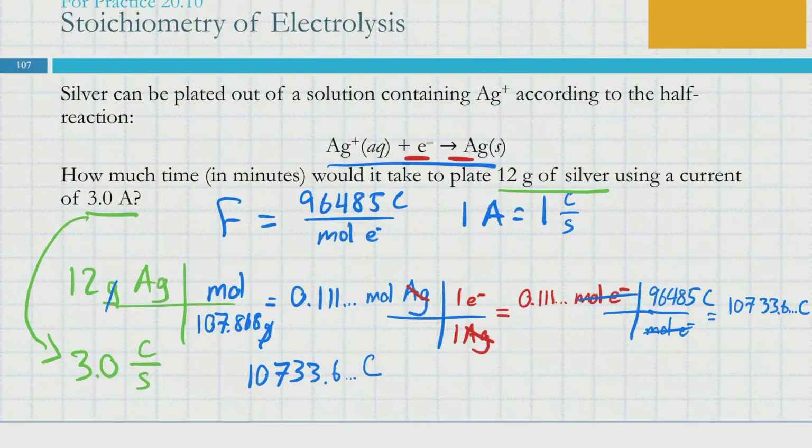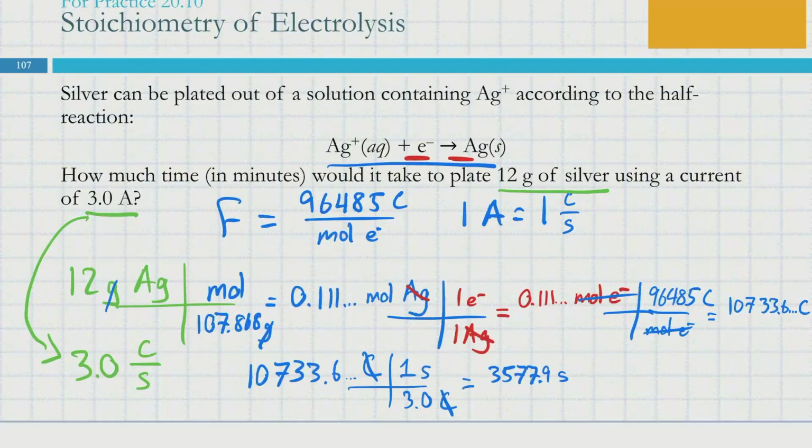And the way that we would do that, since seconds is on the bottom in amps, we need to divide by amps to get the seconds to flip to the top. So 3 coulombs every 1 second, dividing by 3 amps, will still give us a number of seconds.